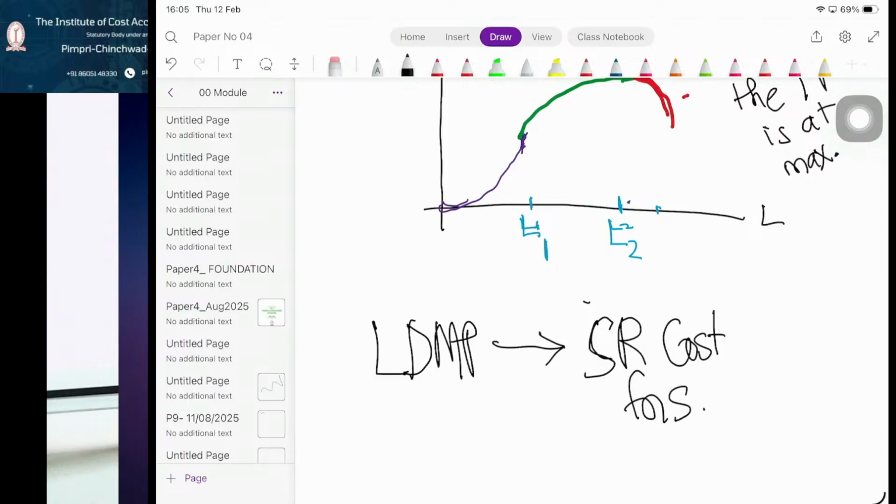The law of diminishing marginal product and its behavior is what gives us the short run cost concepts.